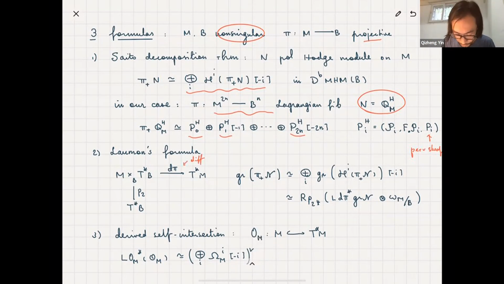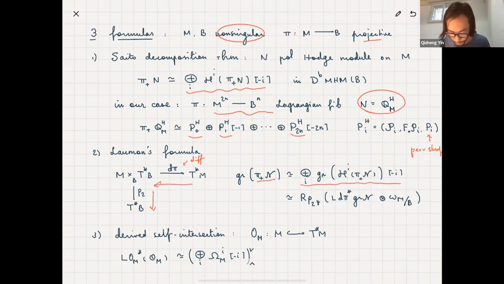The formula says that first, for example, you want to compute the push forward and then the graded. So the graded of the push forward. And by Saito's decomposition theorem, you can rewrite it as the direct sum of the graded of some shifted Hodge modules. But then Laumon tells you that you can just follow the two maps. You go first this direction, then this direction.